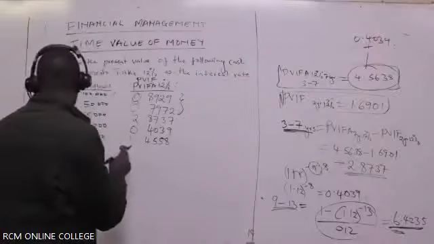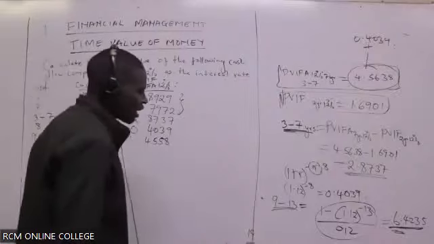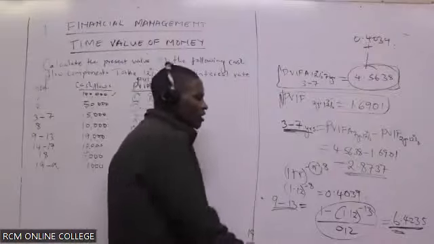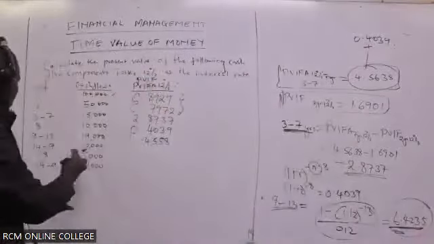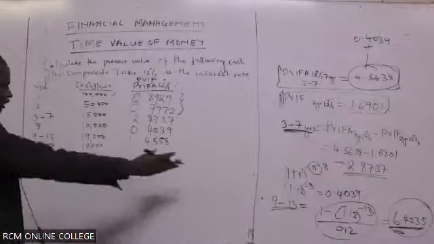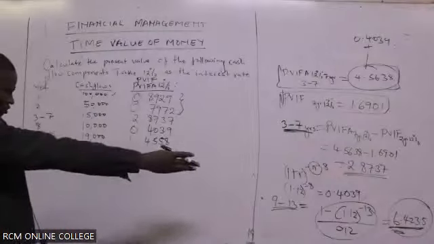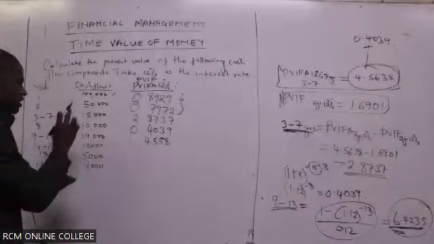We go to the next one. 14 to 17. Still we are having a range here. If this is for 13, this is what I will come to subtract. So I will subtract that 6.4235.